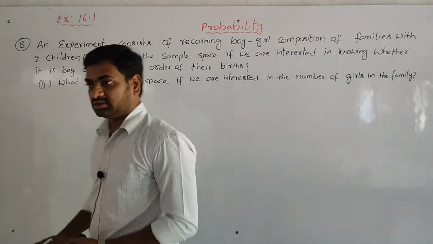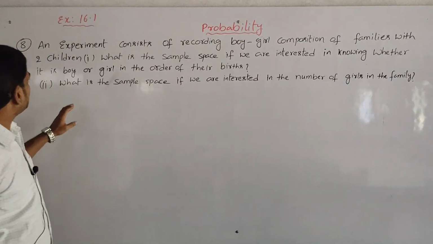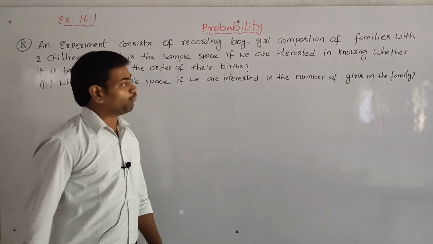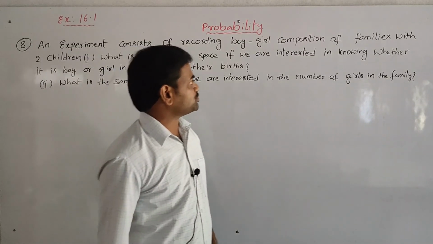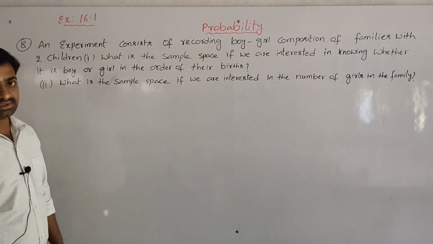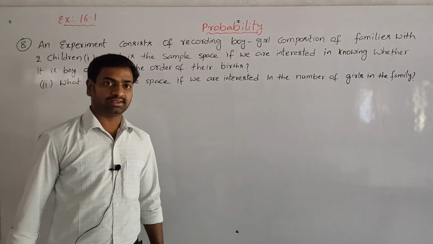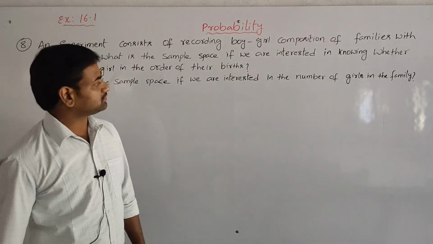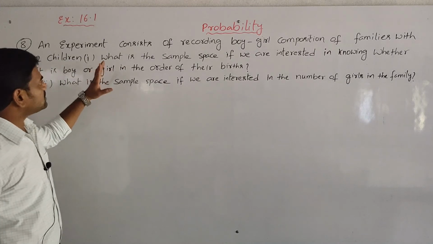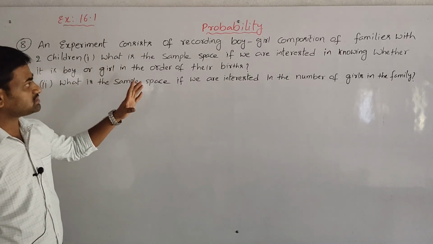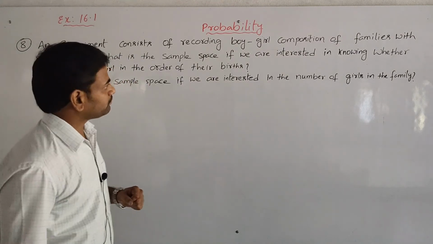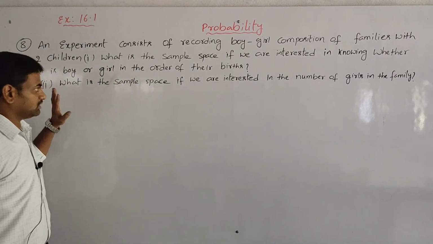Let us see the next problem. An experiment consists of recording boy girl composition of families with 2 children. So in a family there are 2 children. Now he has given 2 questions. First one is what is the sample space if we are interested to know whether it is boy or girl.